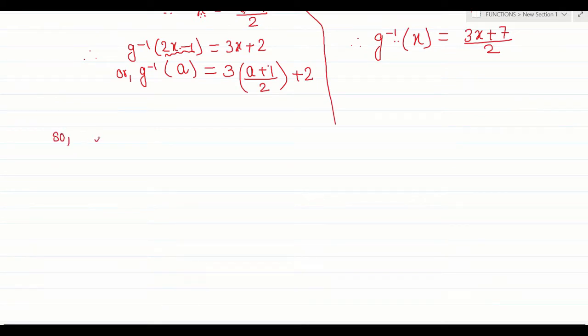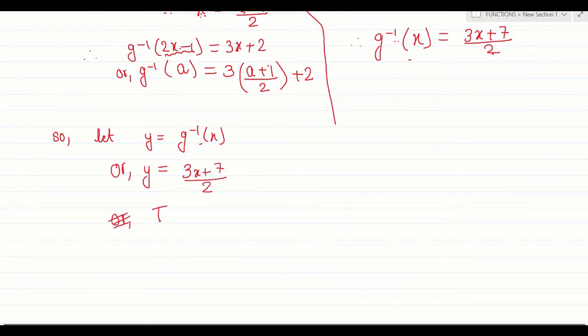So, let y is equal to g inverse x, which means y is equal to (3x plus 7) by 2.